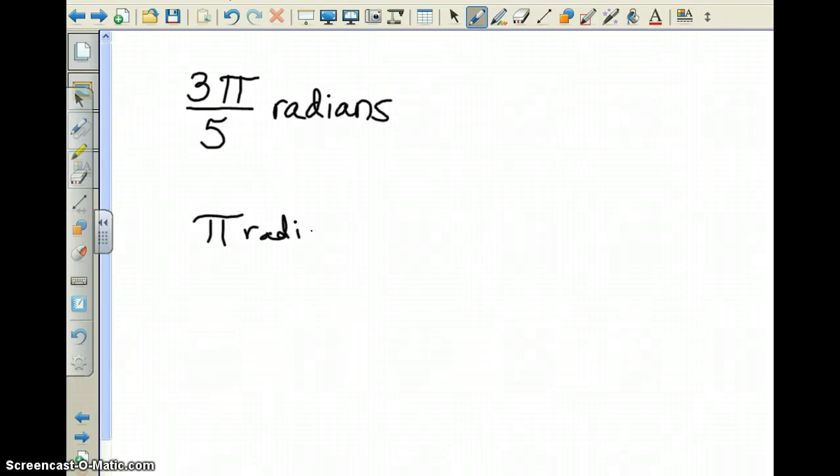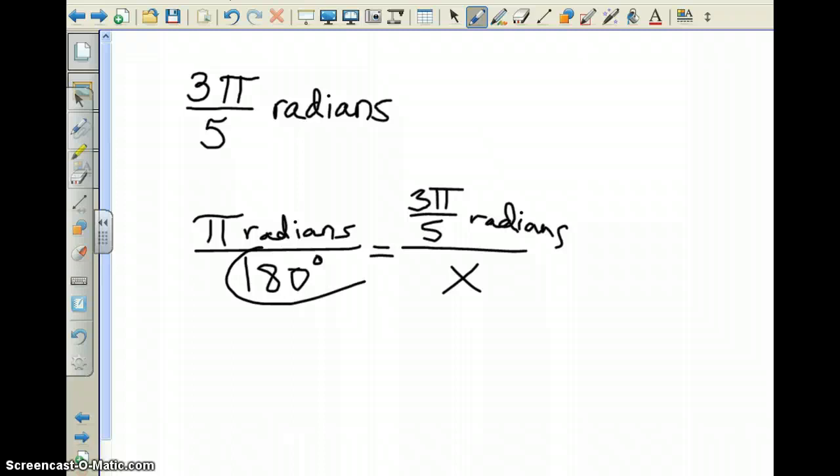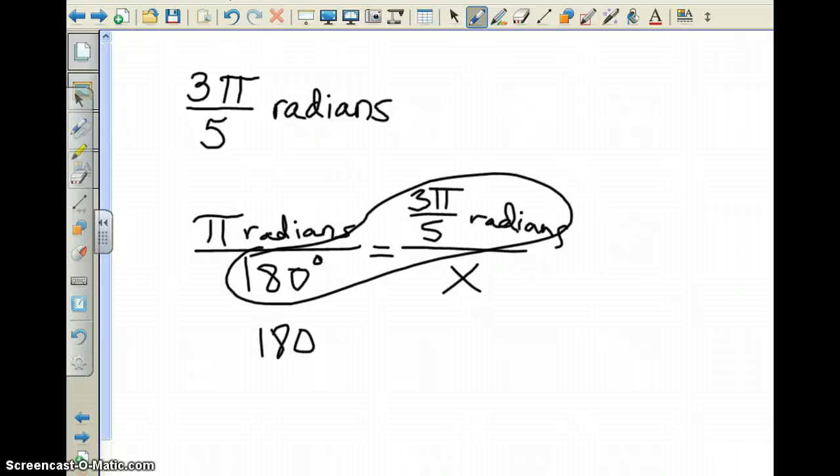So here's my initial setup. Pi radians is 180 degrees. 3 pi over 5 radians is going to be how many degrees. So again, I'll cross multiply here. So I'm going to get 180 times 3 pi over 5 equals pi times x.